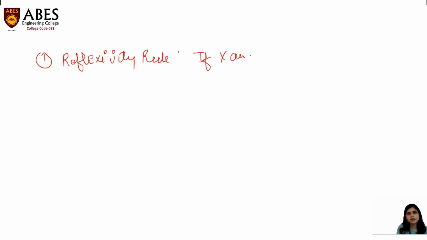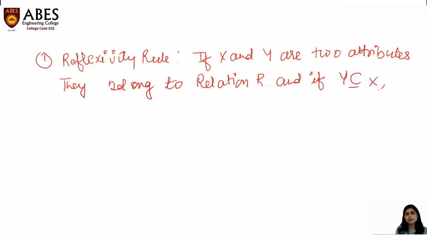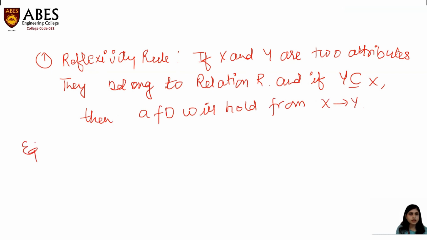If x and y are two attributes, and they belong to relation R, and if y is a subset of x, then a functional dependency will hold from x to y. Let's understand this with the help of an example.